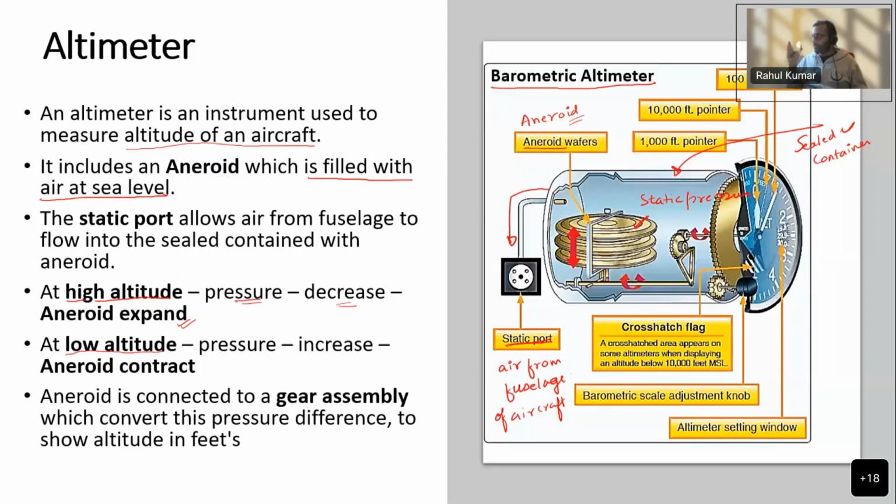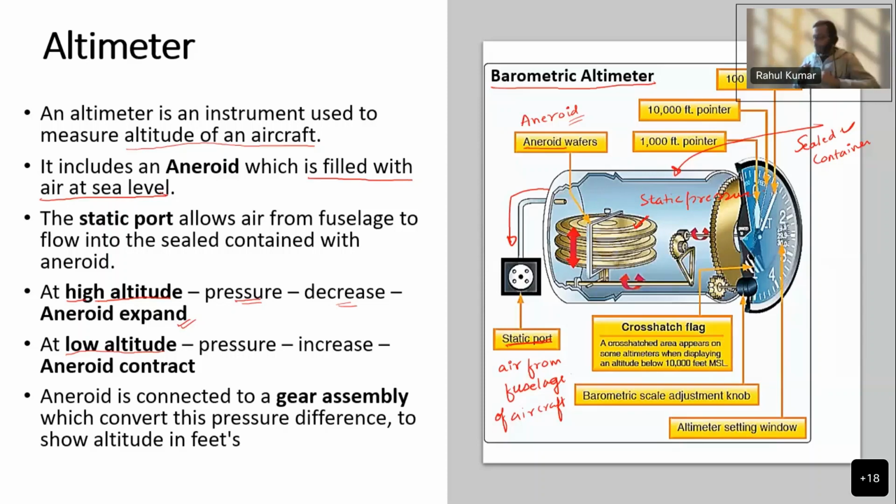If you try to relate it with the previous discussion of atmospheric pressure, atmospheric pressure is the pressure because of the atmosphere above a certain point. So if you are at high altitude, there is less atmosphere above you, so the atmospheric pressure will be less.